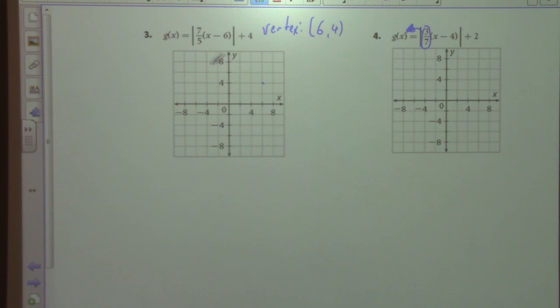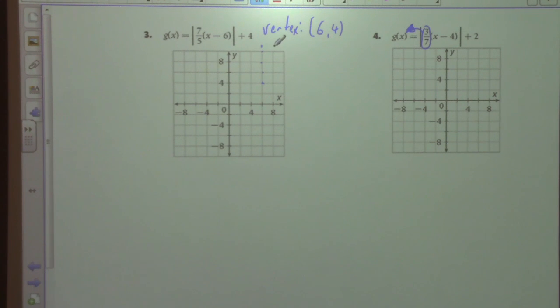Up 7 over 5? We don't have a lot of room on the given graph to work with. But let's try that, because to the right definitely we don't have room, but that's 2, 4, 6, 7. So that'd be 7 up, and then we're 5 to the right.